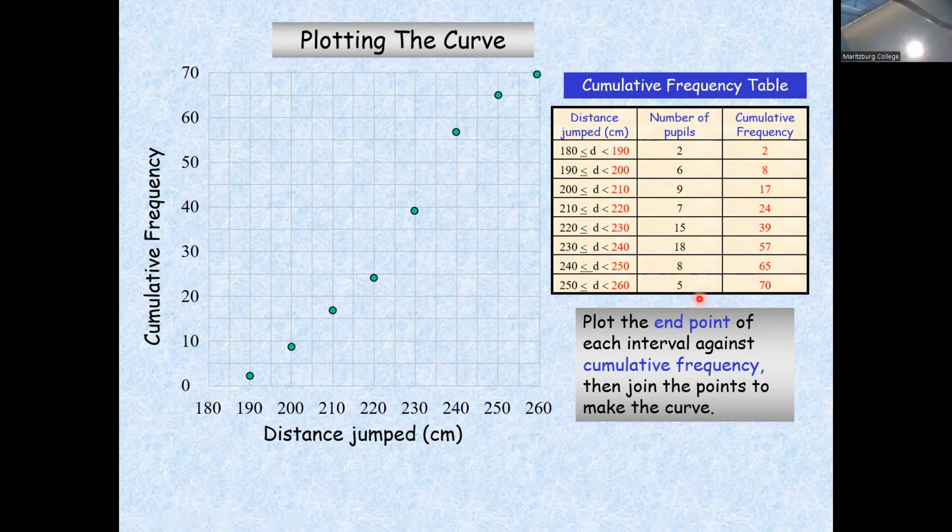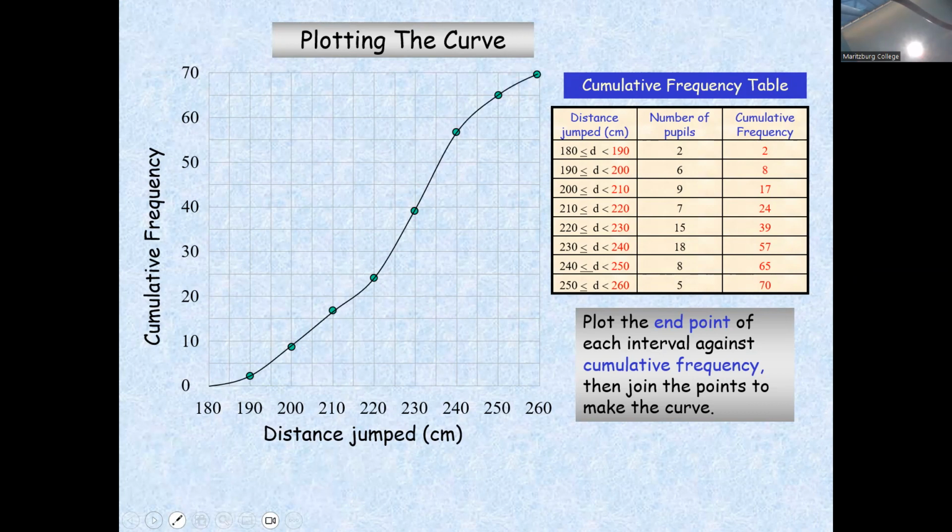The last point plotted was 260, 70. There's our 260, and there's our 70. After plotting all those points, we join these dots to form a curve, and then we ground it to 0.